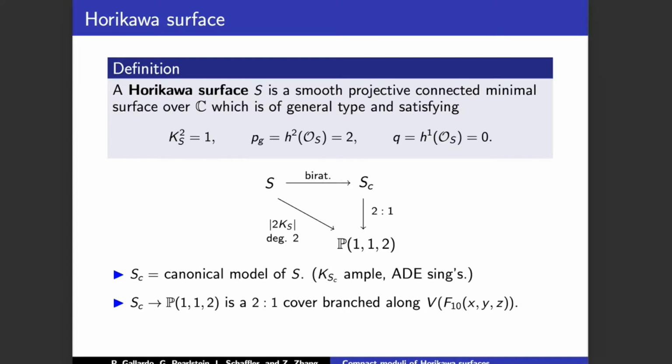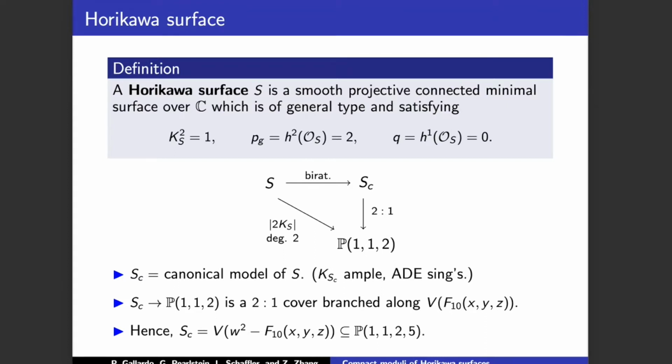And this is particularly nice because you can write down S_C with a single equation. S_C will be given by the vanishing of w squared minus f_10, this polynomial, inside weighted projective space P(1,1,2,5). So w is my newly introduced variable of degree 5 that I used to make the double cover.